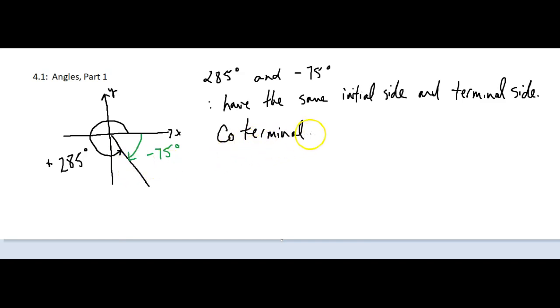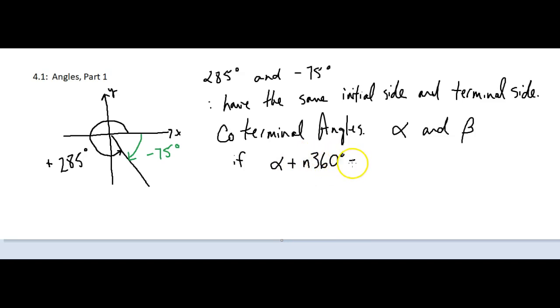So that leads us to a formula for coterminal angles. Angles alpha and beta are coterminal if this formula holds true: alpha plus n times 360 equals beta. And the restriction on this is that n is a positive or negative integer.